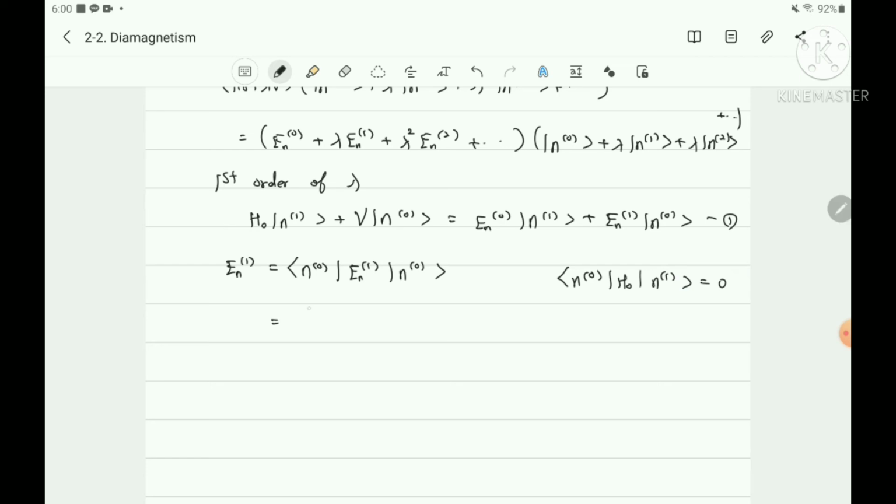Therefore, En1 is the N0 expectation value; the first term equals 0, and V N0 survives. Also N0 and N1 matrix element is 0 when we employ the diagonalization. Therefore, we can write down like this.